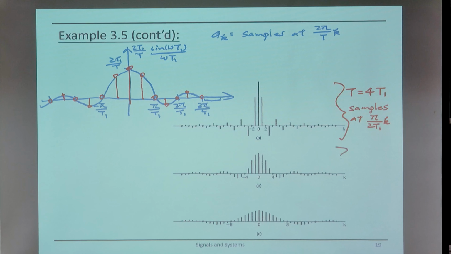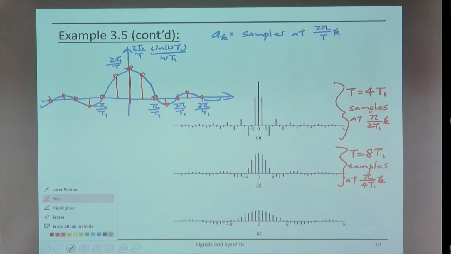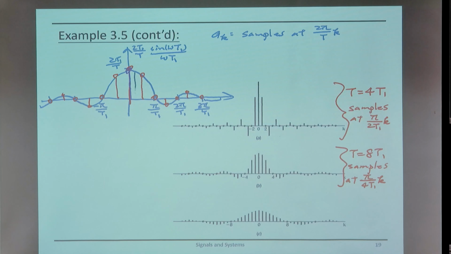Now in this second case, we have T equal to 8T1, in which case we are taking samples at pi over 4T1 k. So k equal to 0 is this sample, k equal to 1 is this sample, k equal to 2, 3, 4, and so on, and then minus 1, minus 2, minus 3, and so on.